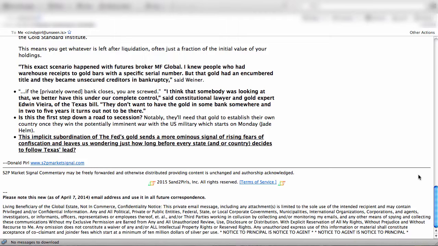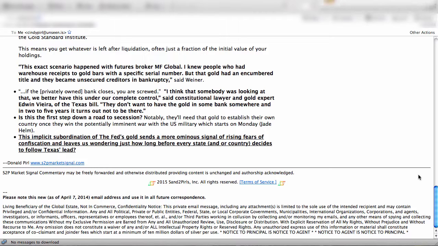I think that somebody was looking at that. We better have this under our complete control, said constitutional lawyer and gold expert Edwin Vieira of the Texas bill. They don't want to have the gold in some bank somewhere, and in 2 to 5 years it turns out not to be there. Is this the first step down a road to secession?